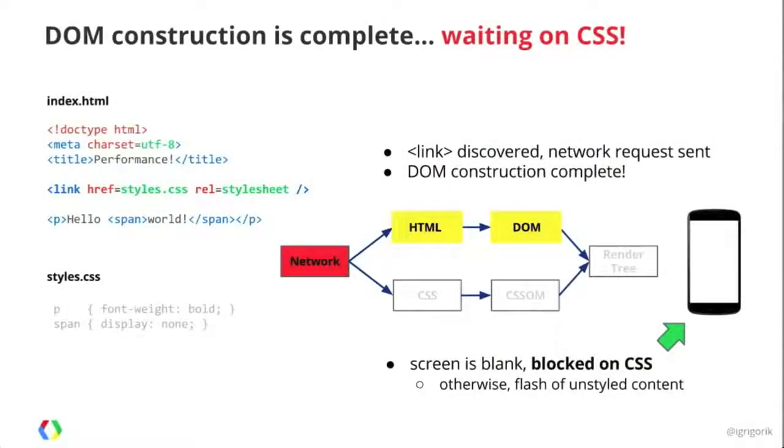Then we ship the second half of this, and we discover that there's an external style sheet that we're asking for, style.css. So I'm going to send a request for that. I can't really render anything on the screen until I have styles. And this is a very important point.